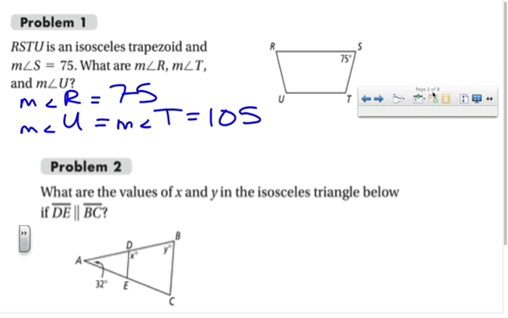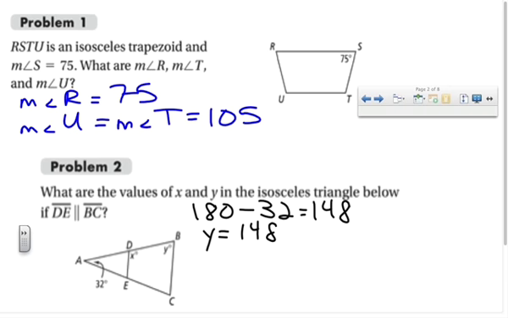So I could start by taking 180 minus this 32 that they gave me, and I get 148. And what am I doing with that 148? Dividing it by 2, and that'll give me angle Y. So Y equals 148 divided by 2, which is 74. And now that we know what Y is, X is very easy for us to find. What is it, Austin? It's 106.